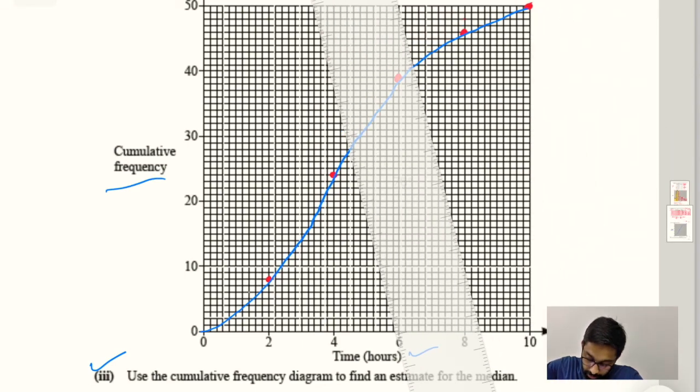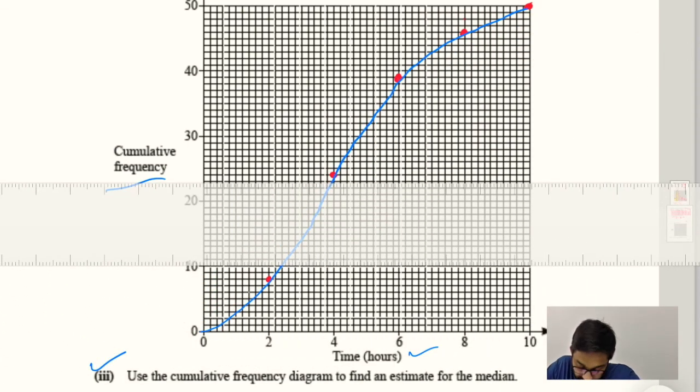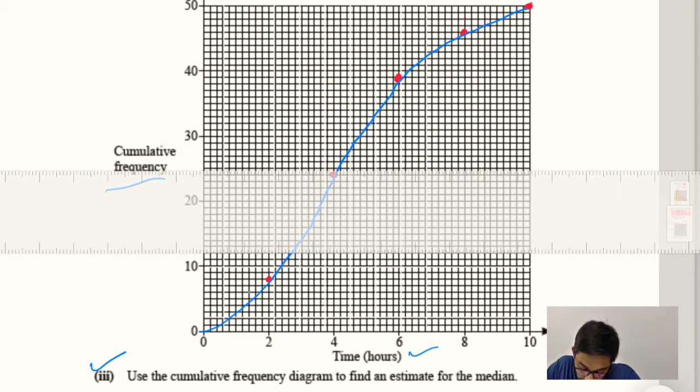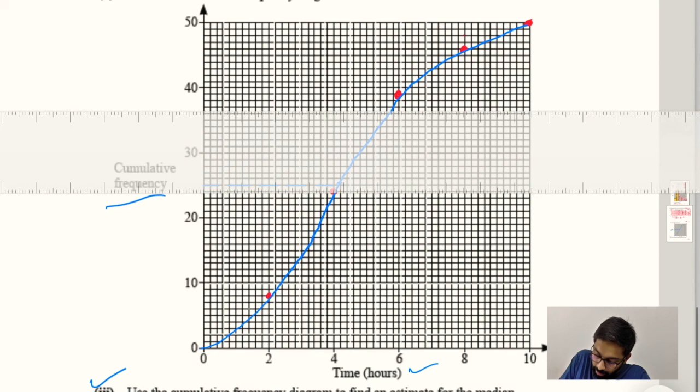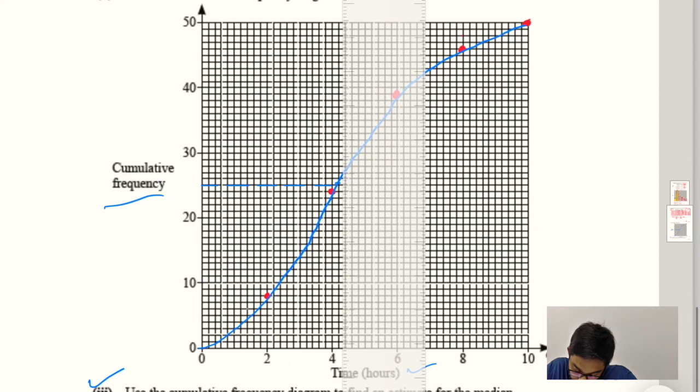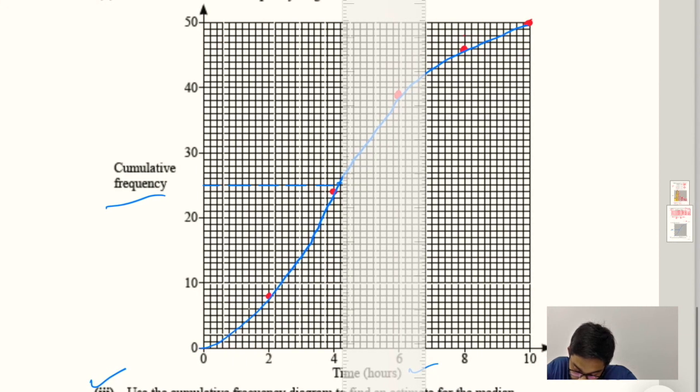Let's do that. The middle value of 50 is 25. So you draw a line at 25. I hope this line is visible. And you connect this horizontal line with the x-axis right here.